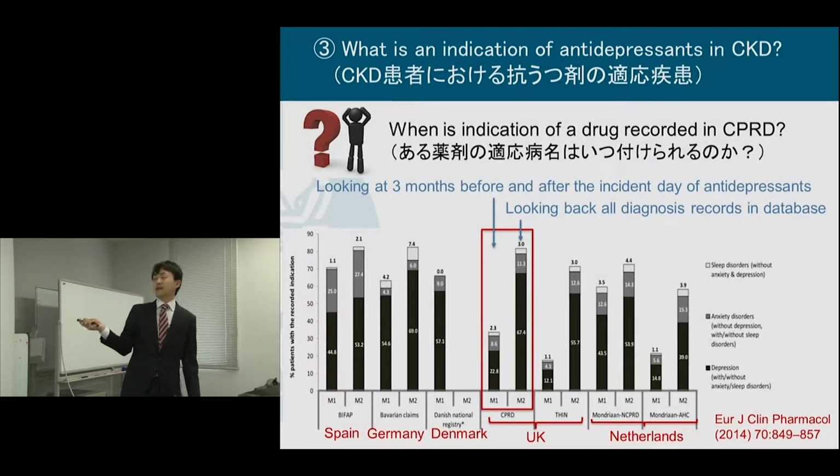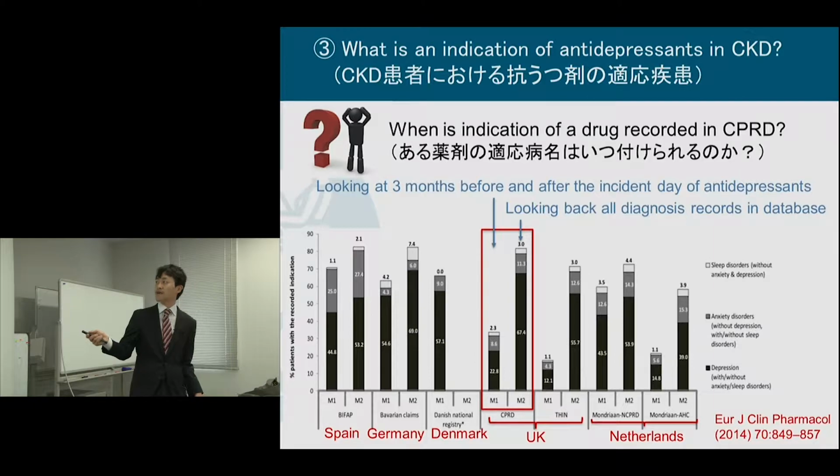In the case of antidepressants, I found a previous study comparing 7 European databases on when the diagnoses are recorded for individual antidepressant prescriptions. In the case of CPRD, if you look at only 3 months before and after the incident day of antidepressants, the proportion with indication recorded was very small, at 30%.